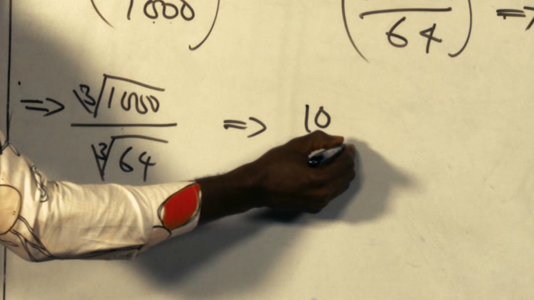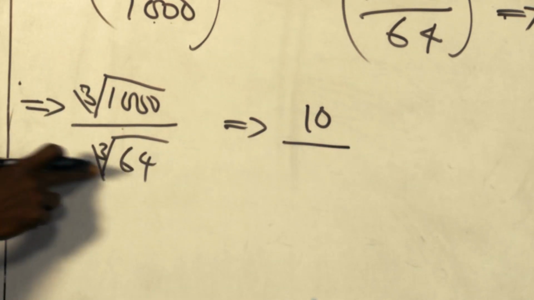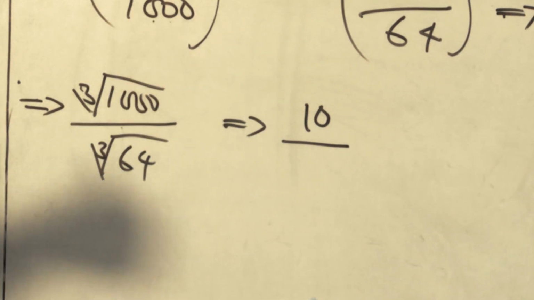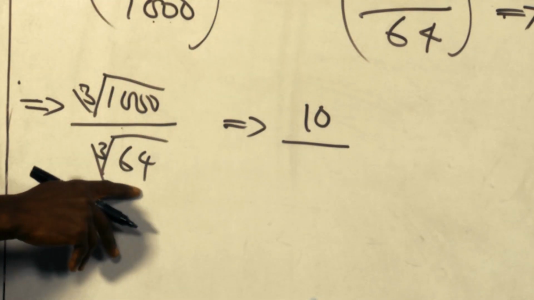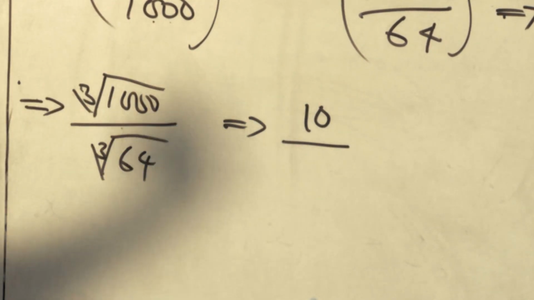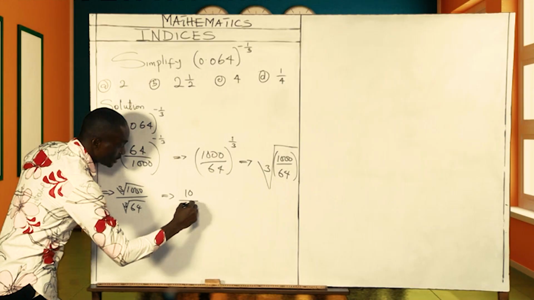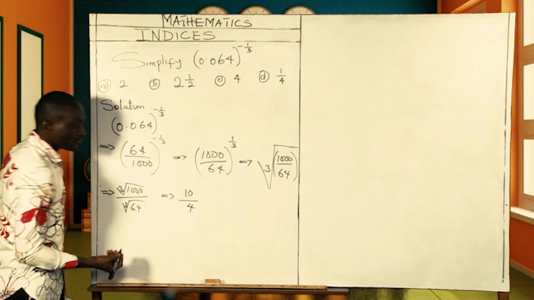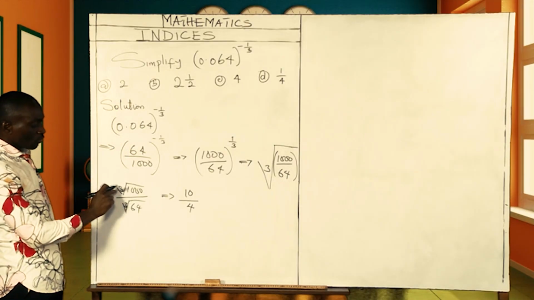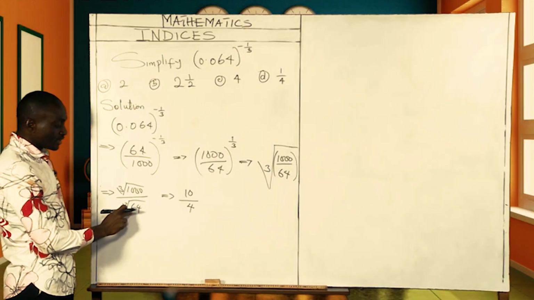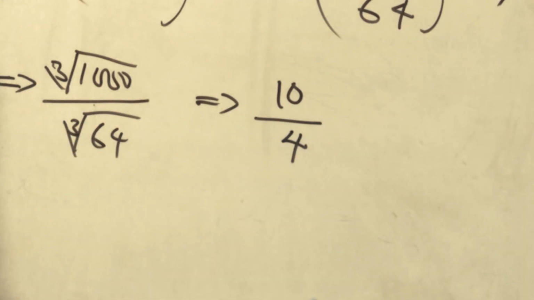Cube root of 64: what is the number that will multiply itself 3 times to give 64? That number is 4. So cube root of 64 is 4. Cube root of 1000 is 10, cube root of 64 is 4.